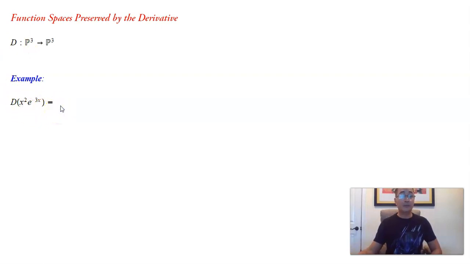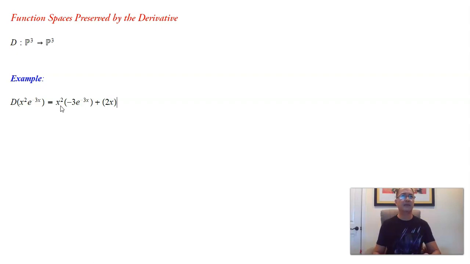So we all know the product rule, right? So let's do it this way. I will start with x squared, but if I start with x squared, then I must have times negative 3 e to the negative 3x, right? So what goes with that? Now we have 2x.